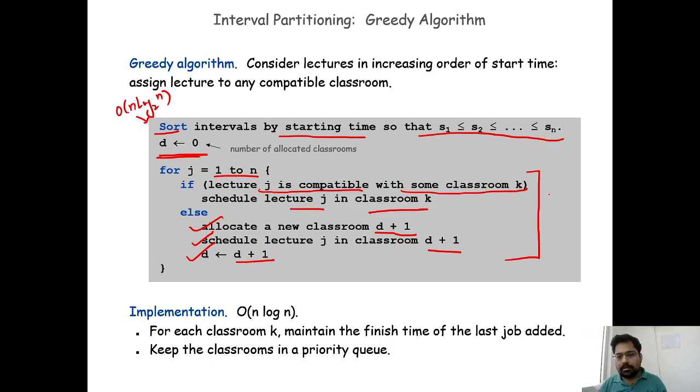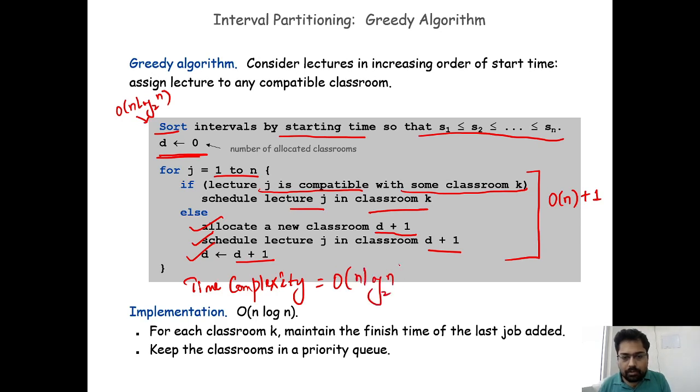Here the for loop is running, so we go to n plus 1 to check the stop condition, where j is greater than n, meaning it will stop, and then only we can find the result. For this case, the time complexity would be big O of n log n base 2 plus big O of n plus 1.